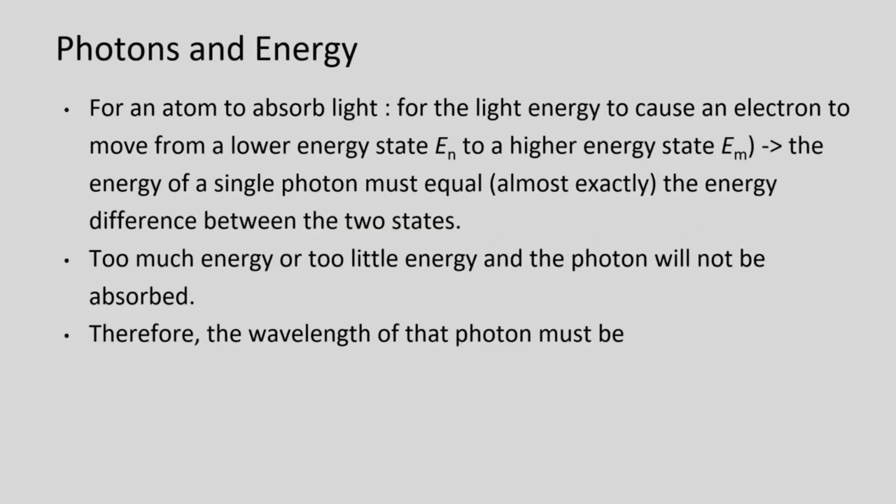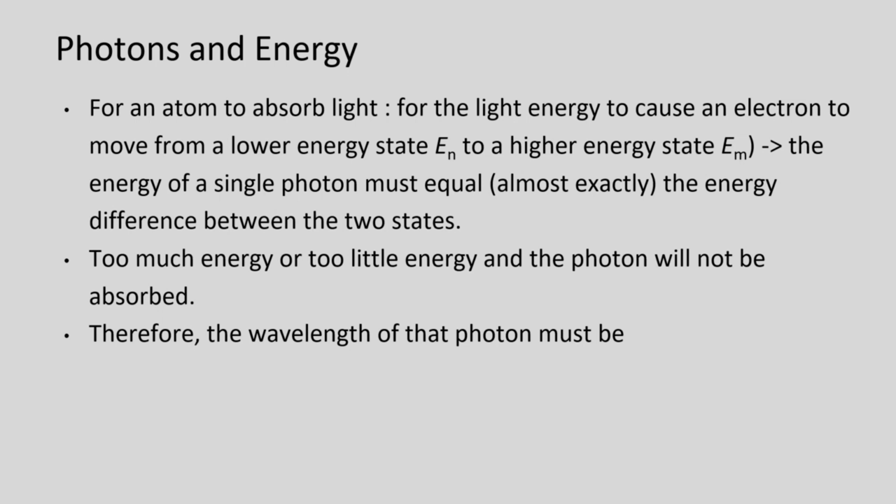Now, regarding the absorption of the light, for the light energy to cause an electron to move from a lower energy state to a higher energy state, the energy of a single photon must equal the energy difference between the two states. So, what we have seen is that we have to pump a certain amount of energy to the electron to move it from one energy state to the higher energy state.